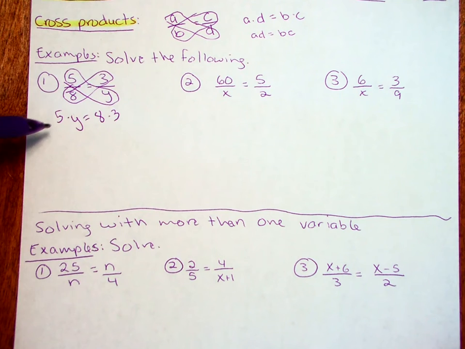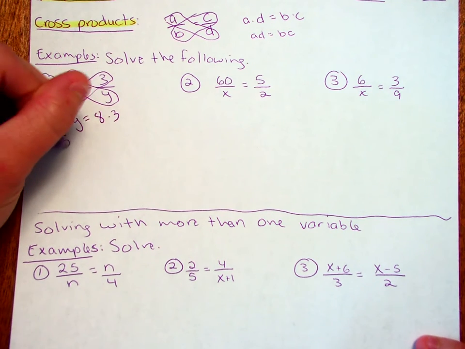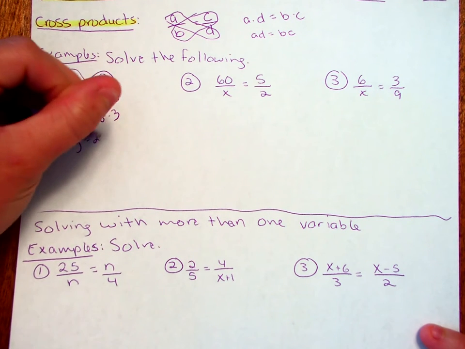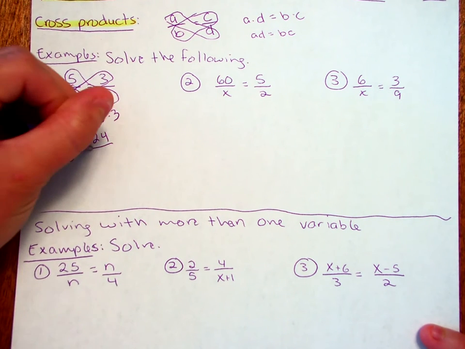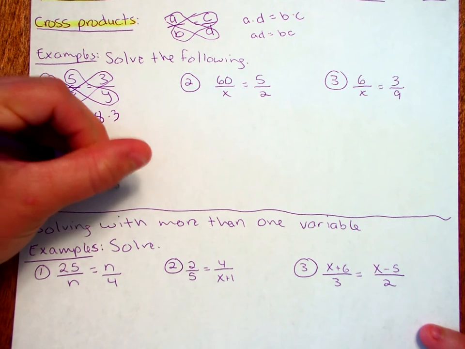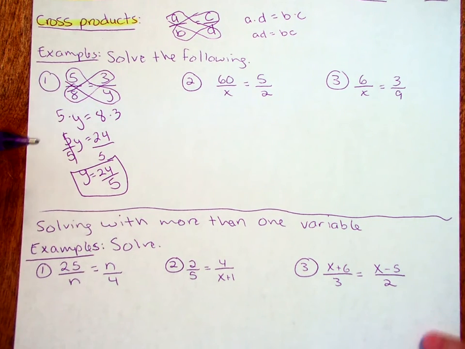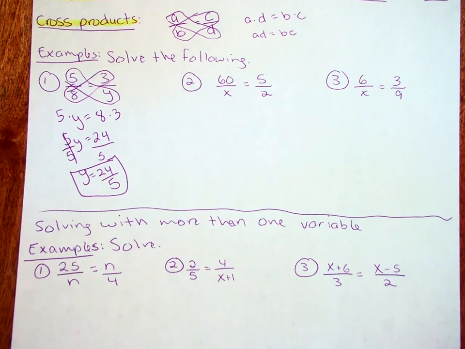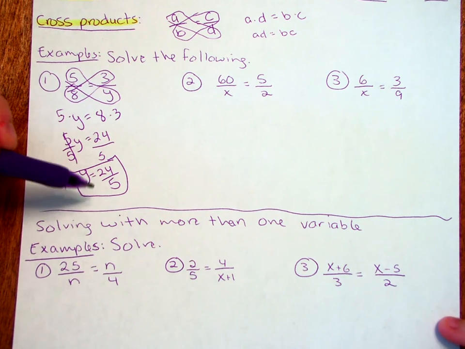It really doesn't matter what the order is here. So you get 5y equals 24, divide by 5, divide by 5, y equals 24 over 5. I am very sorry that your first one was not a whole number, but I promise you will survive.